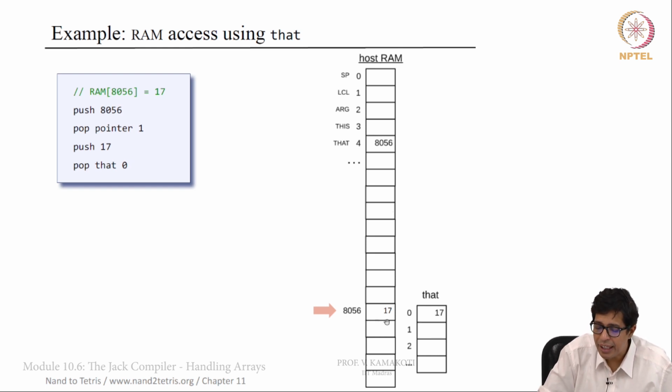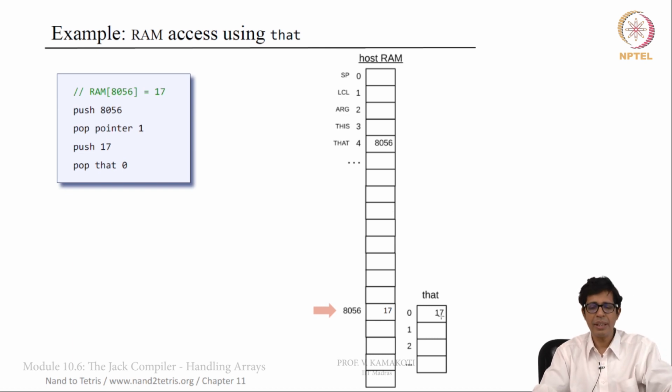So, 17 will now get stored in 8056. So the way I execute RAM of 8056 is equal to 17 is: push 8056, pop pointer 1, so that becomes 8056. Now, I push 17 onto the stack and say pop that 0. This is the equivalent VM code for the Jack level code RAM of 8056 is equal to 17.